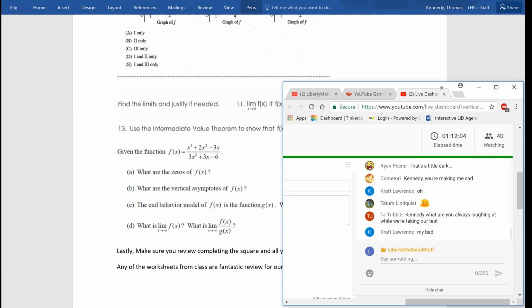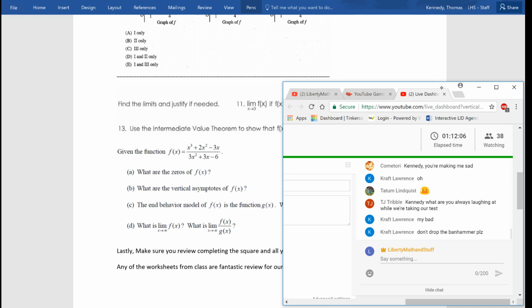What am I always laughing at while we're taking our tests? Oh, while you're taking quizzes, I'm often looking at 538, which is a political commentary. And so, thanks to our boy Donald, there's a lot of funny material on there pretty regularly. So, that's often what I'm laughing about.